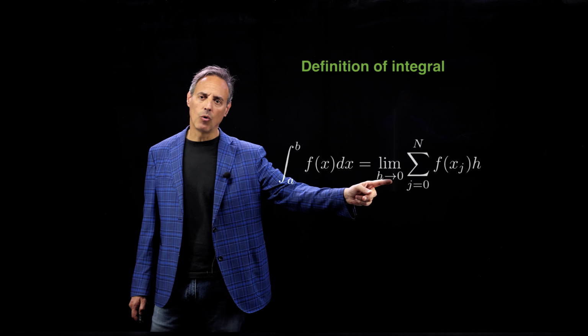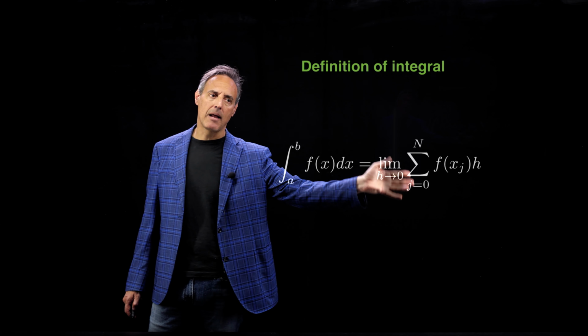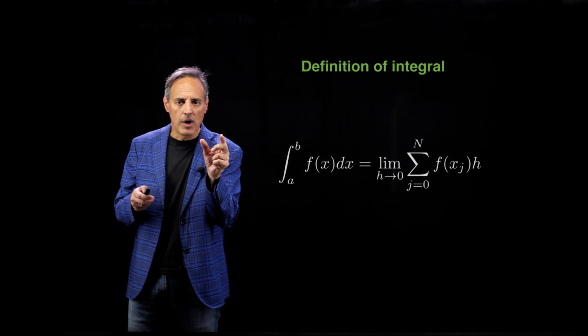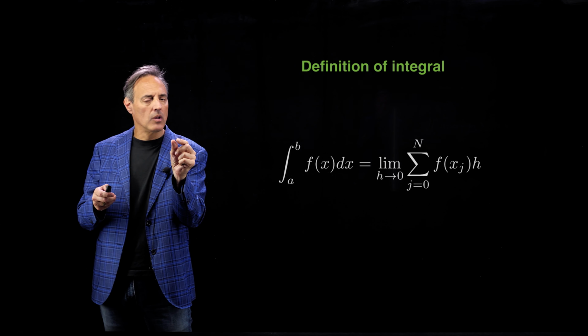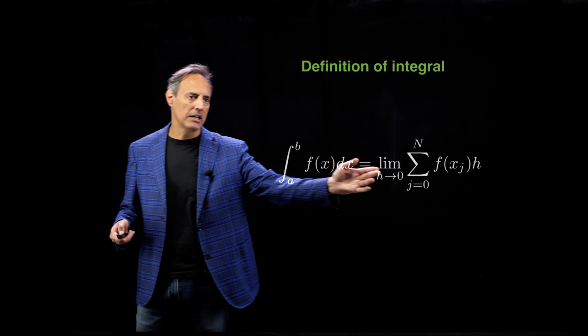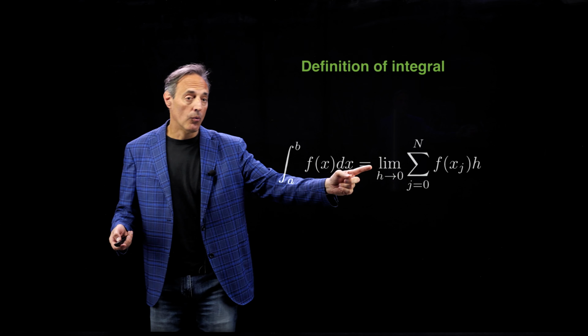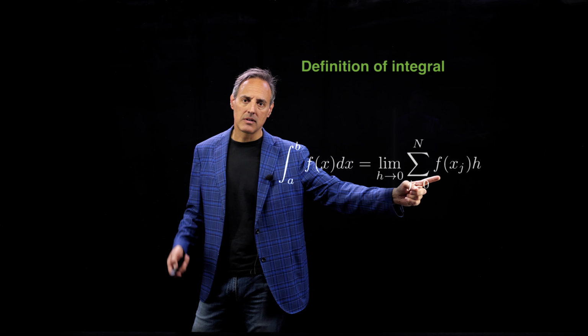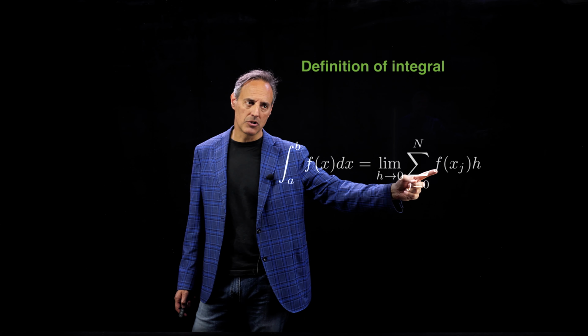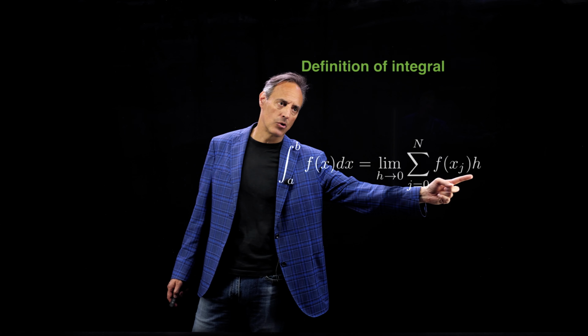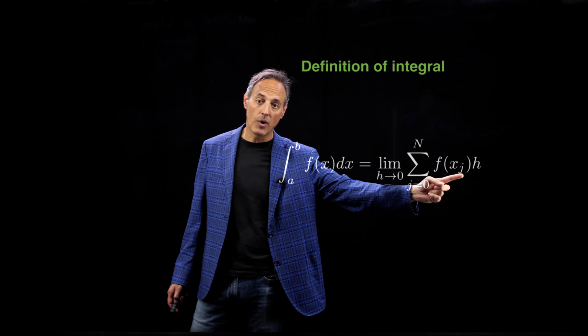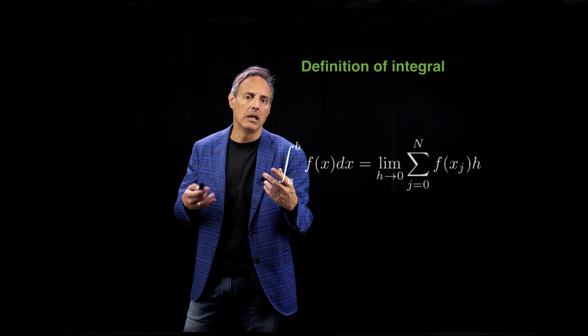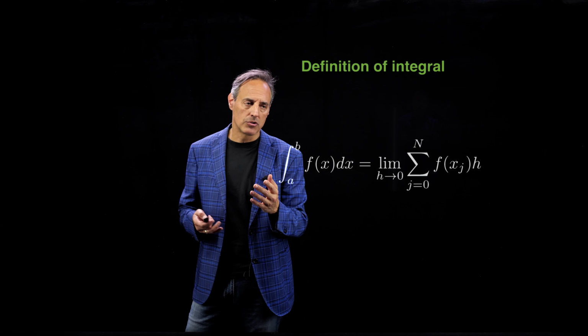As the rectangle width goes to 0, I add up all of these rectangles. So really, this is a length times width calculation, right? This is the height of the rectangle, that's the width of the rectangle. And of course, as the width of the rectangle goes to 0, then presumably the area goes to 0.